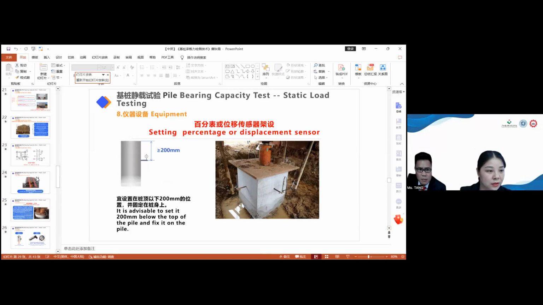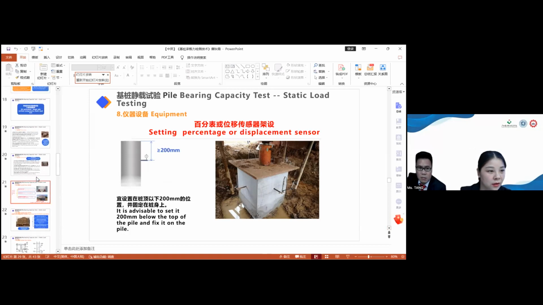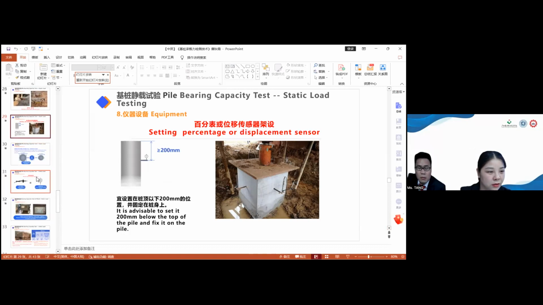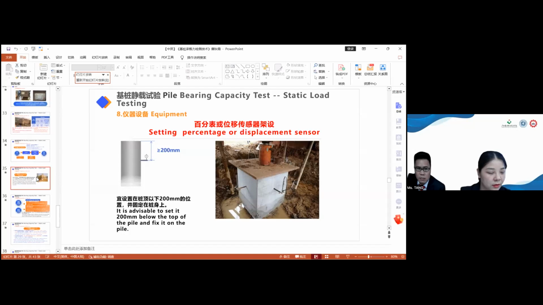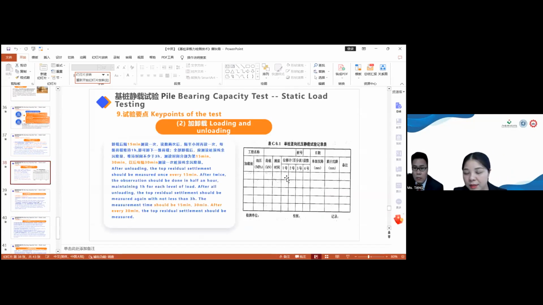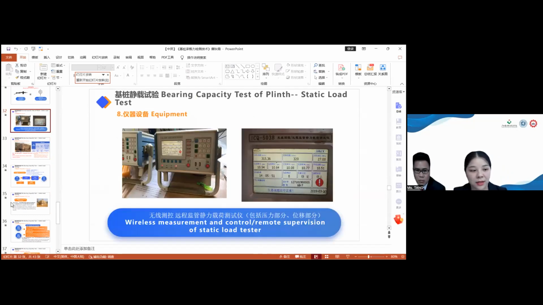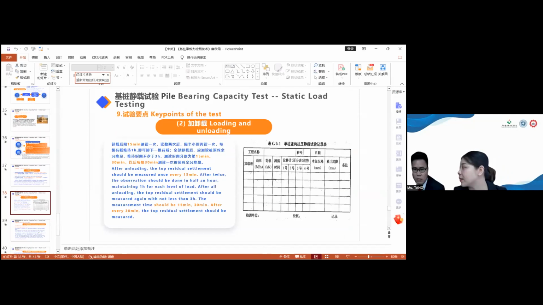As you see here on the right of this screen, there is a record table required by the code of the bearing capacity.